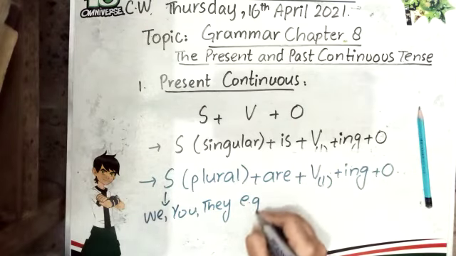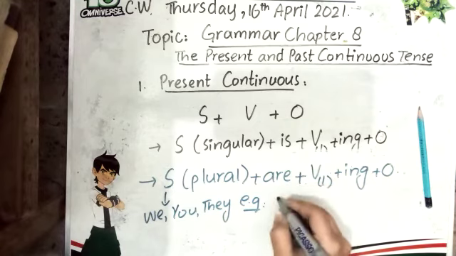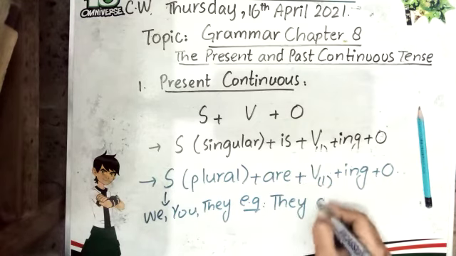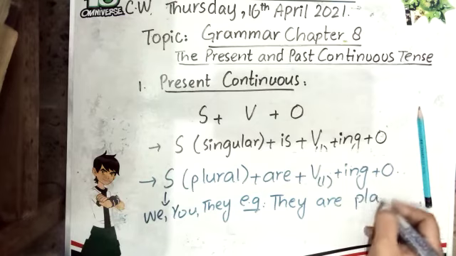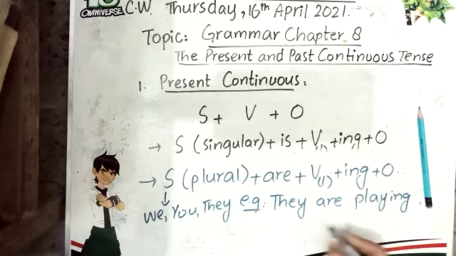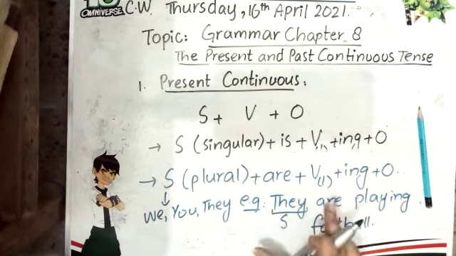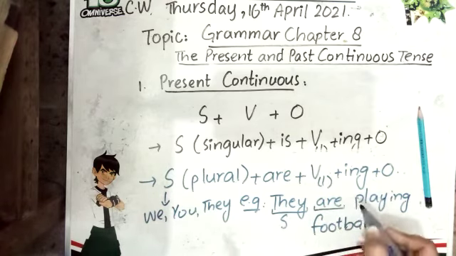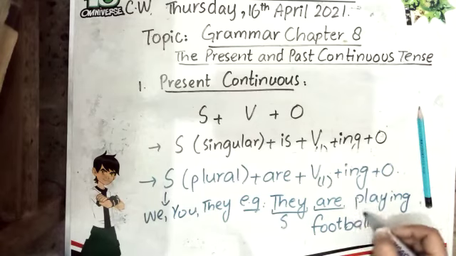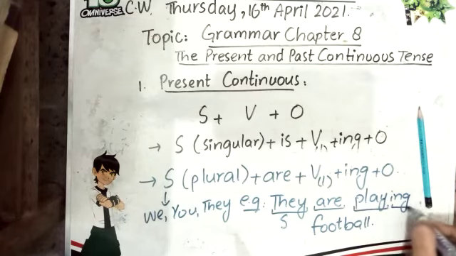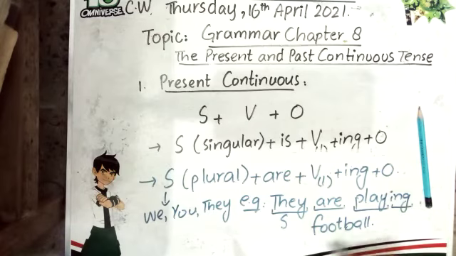For example, if I say they are playing football. Now in this statement, they is a subject which is plural because there are more than two people in this. So that's why we have used are over here as our helping verb. Play is the verb first form with ing because it is a continuous tense, and football is your object.